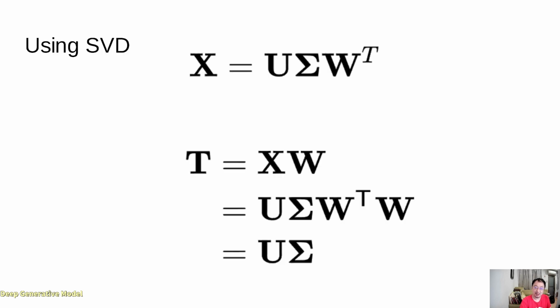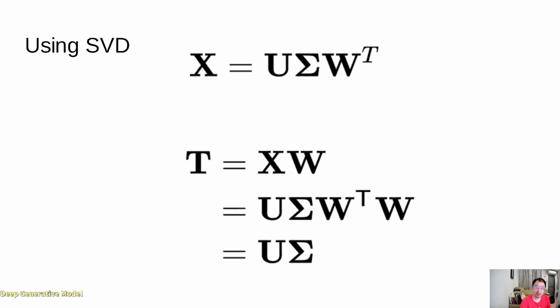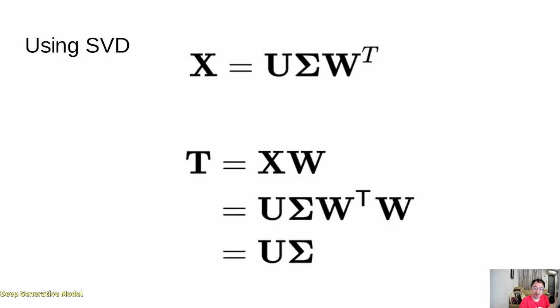Then T is XW, and this W is exactly this W. So that's why we can write it this way. SVD is closely related to principal component analysis, and we can compute it really easily and stably.